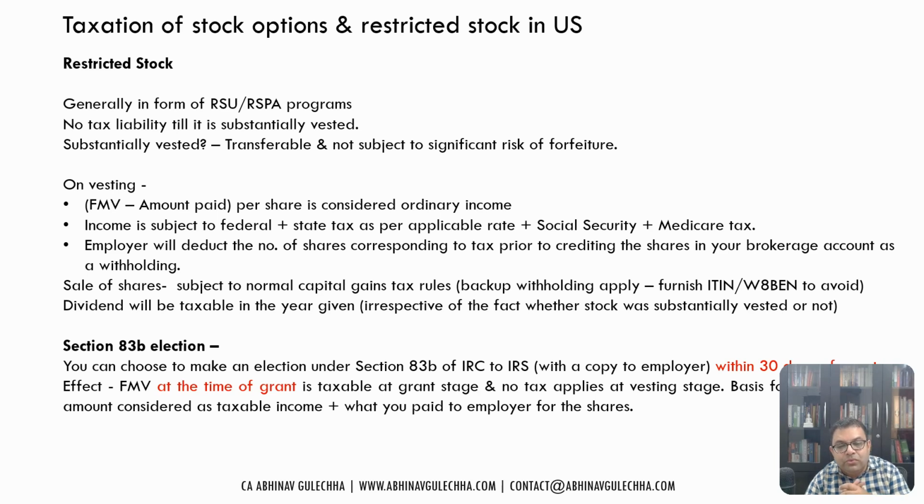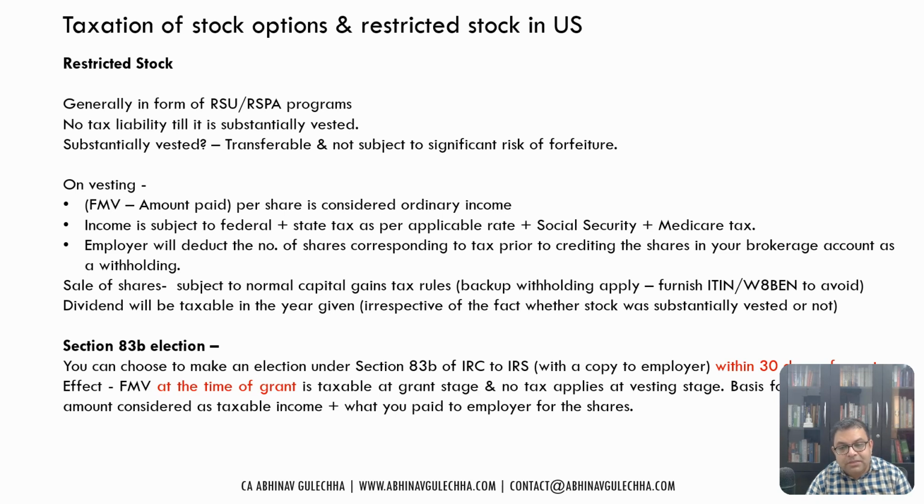So you plan your tax in such a way that you pay very little or almost nil tax at the time of grant, by making that 83(b) election to the IRS. So no tax at the time of vesting.